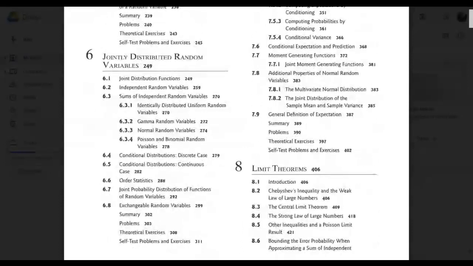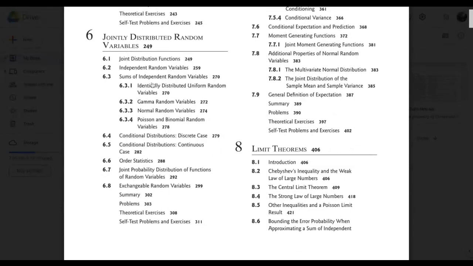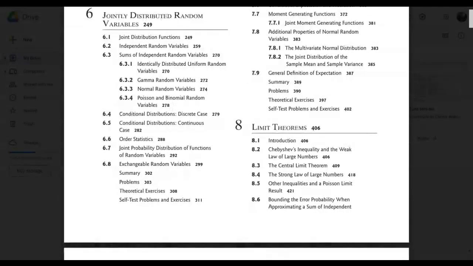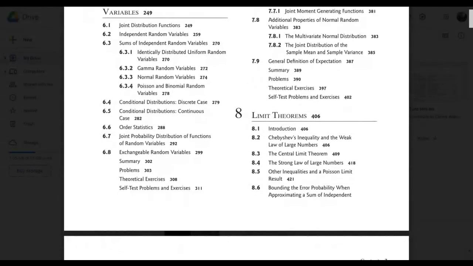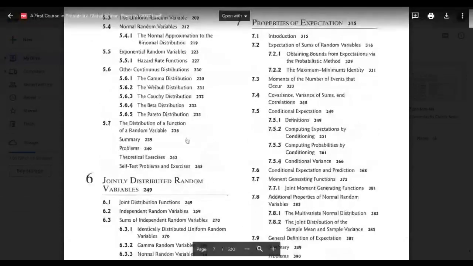Chapter 6 is jointly distributed random variables. So we have a joint distribution, independent random variables, identically distributed, gamma random variable, normal, Poisson, binomial random variable, conditional, discrete case. Some of them we don't really have to talk about.